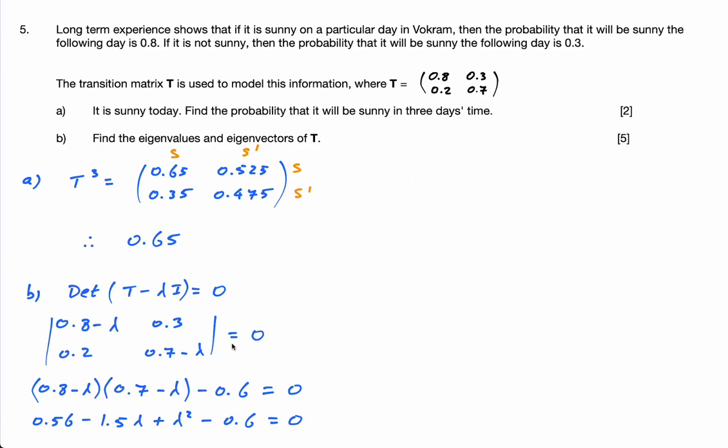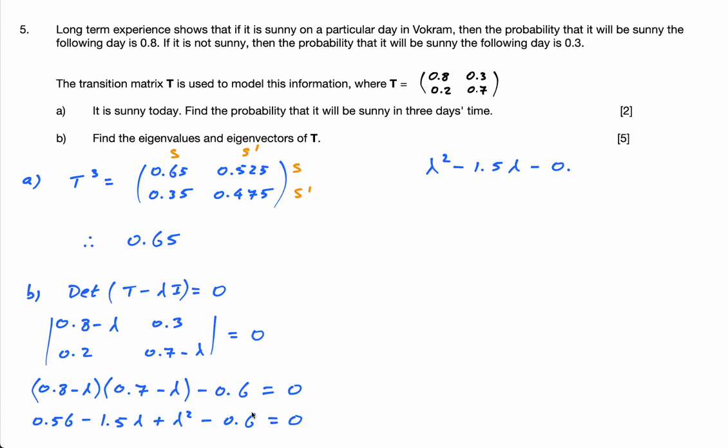And then I'll just simplify this a little bit. Lambda squared minus 1.5 lambda.